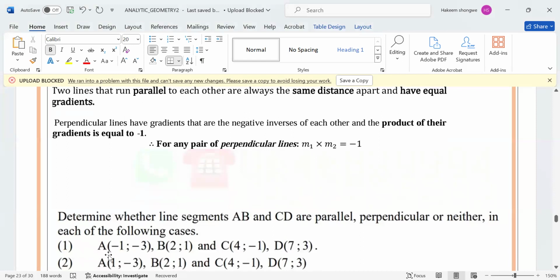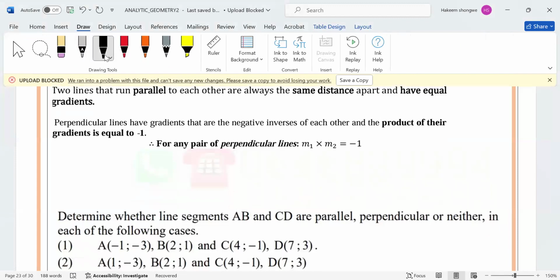You're supposed to calculate the gradient of AB. So I'm going to start by saying M of AB is going to be given by Y at B minus Y at A all over X at B minus X at A. Now you can check here. What is Y at B?